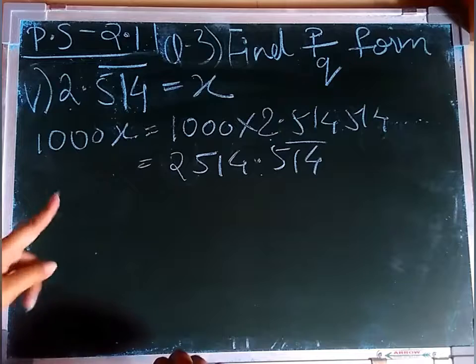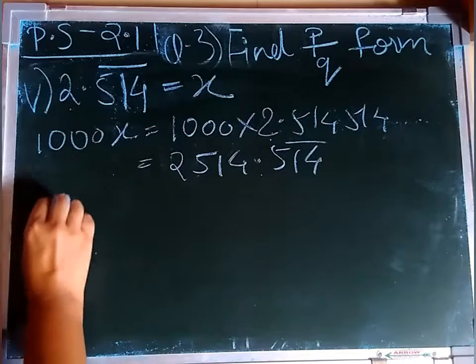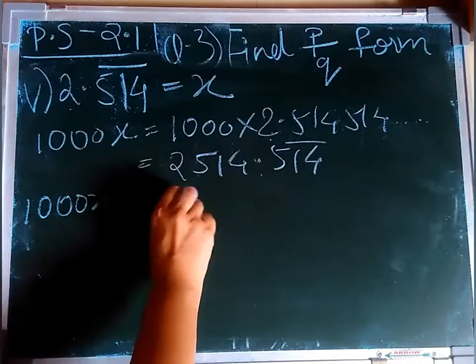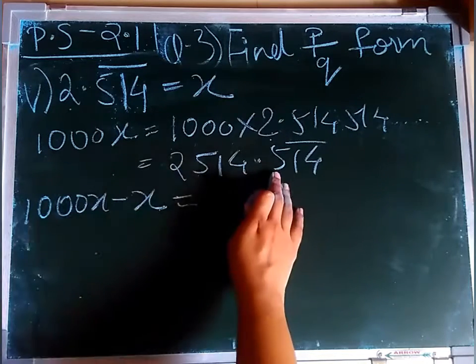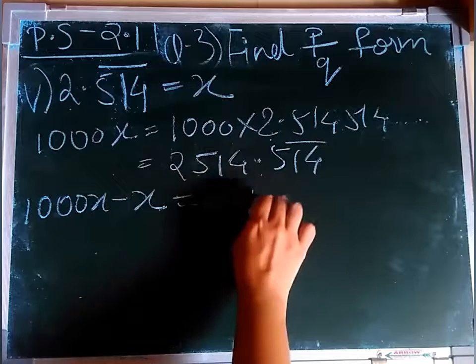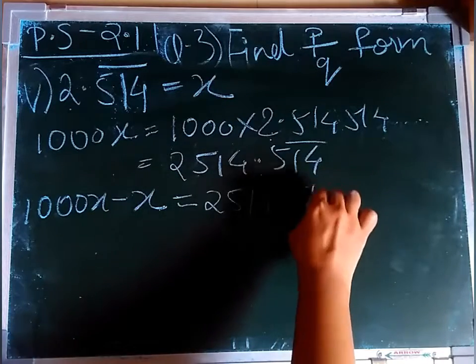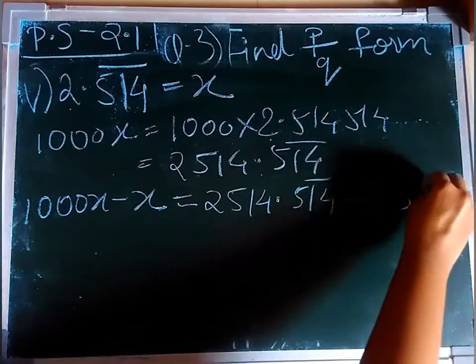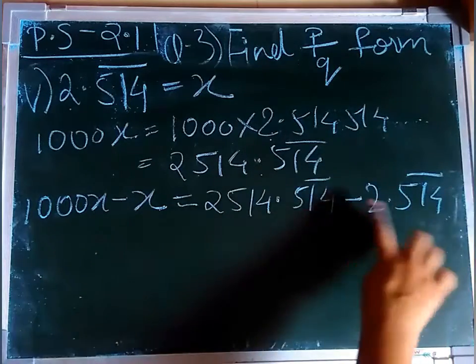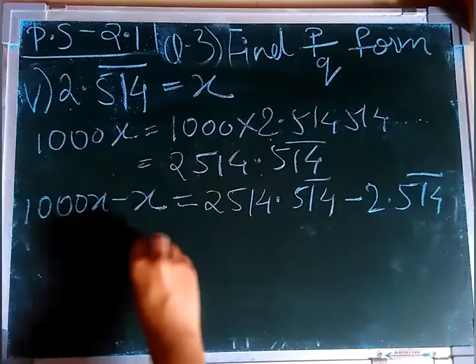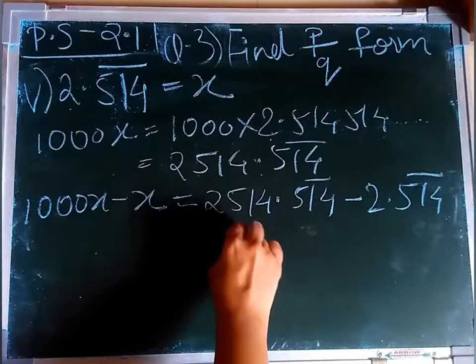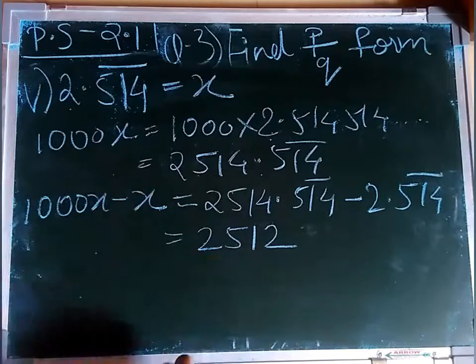514 bar. This is 1000x. And 1000x minus x will give me 2514.514 bar minus 2.514 bar. So this will get subtracted to 0, and from here I have to subtract 2. So the answer will be 2512.